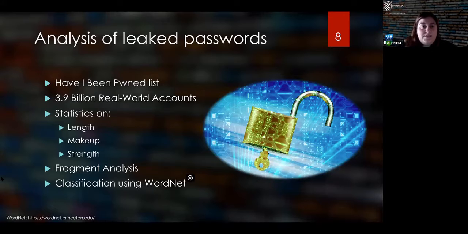So what we've done is we have used the Have I Been Pwned list, which is the largest available dataset of leaked passwords that contains 3.9 billion real-world accounts, meaning 500 million unique passwords, because a lot of these accounts use the same passwords.